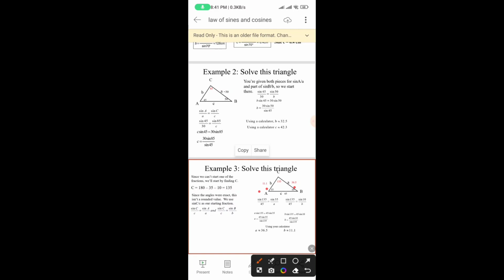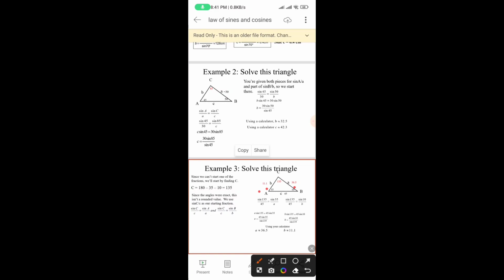We use sine C over C as our starting fraction. So sine C over C is equal to sine A over A and is equal to sine B over B. Since sine 135 over 45 is equal to sine 35 over A, and sine 135 over 45 is equal to sine 10 over B. So A sine 135 is equal to 45 sine 35.